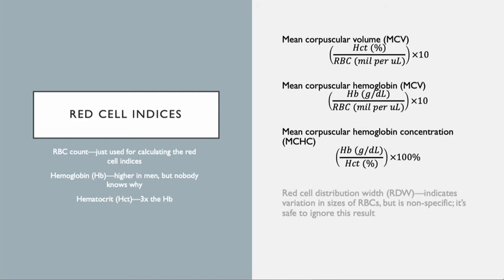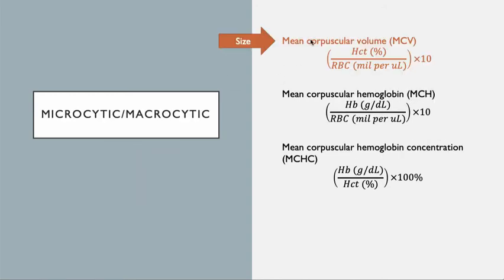And the two that we use primarily are the MCV, the mean corpuscular volume, and the MCHC, which is the mean corpuscular hemoglobin concentration. The MCV tells us about the size, right? What is the volume of red blood cells that are in a given sample?